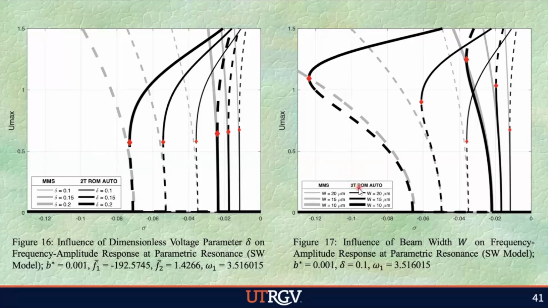In this case, as the beam width goes from 20 microns to 10 microns, the response again shifts towards lower frequencies and has a wider resonance zone. We also see a more pronounced softening effect as the beam width decreases and a hardening effect.